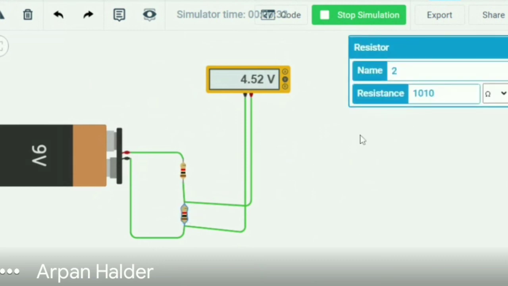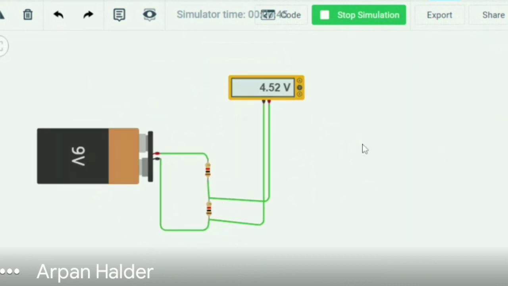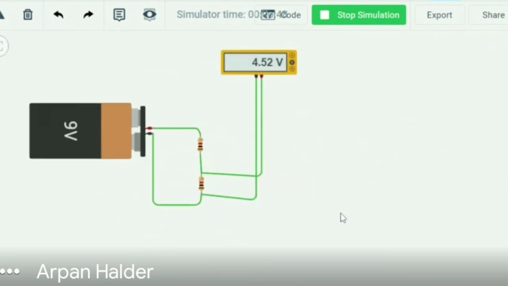Previously it was 4.5, and just by increasing the resistance by 10 ohm, it increased by 0.2 volt, which is very minimal compared to this standalone initial voltage.